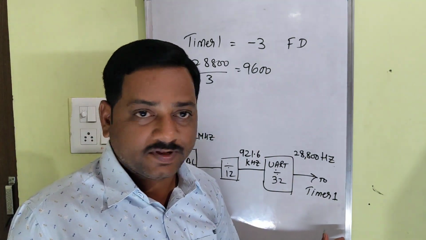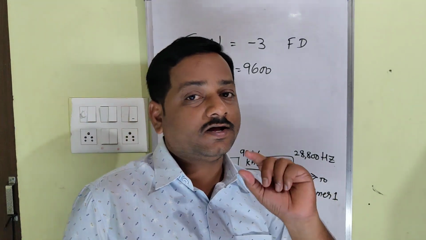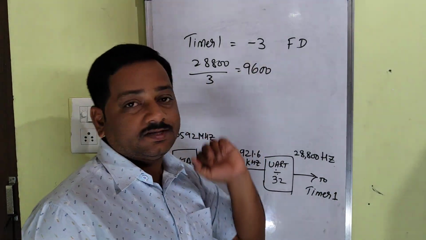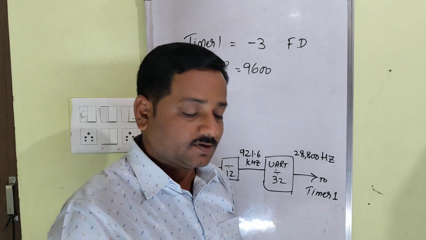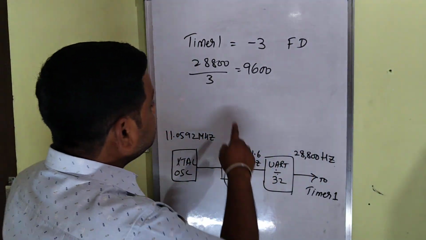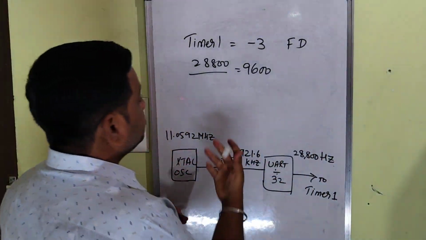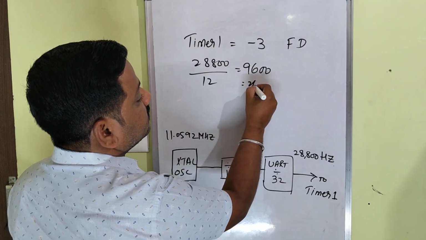Now how did we get that 9,600? That is what I explained here. For timer 1, you have to set the frequency of 28,800 Hertz. Then only it will select the baud rate like this. If you want to select some other baud rate like 2,400, then you divide by 12. If you divide 28,800 by 12, you get 2,400.